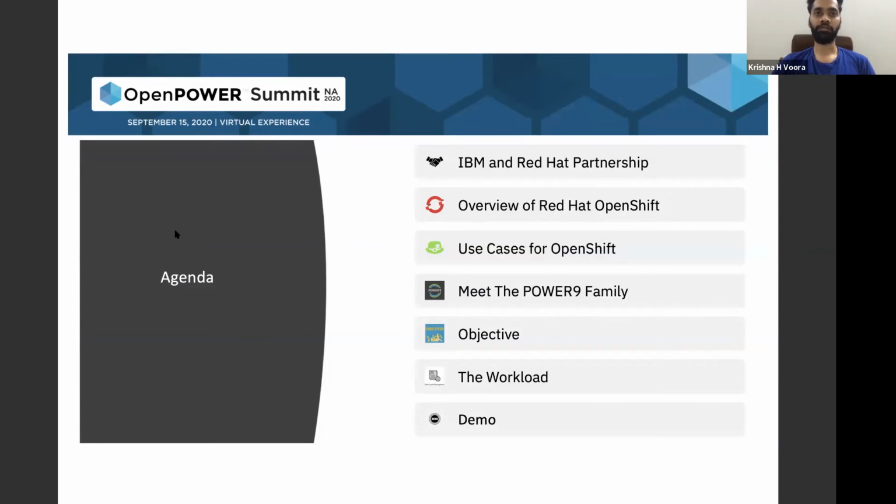I'll also give an introduction towards the Power 9 model of service that can be leveraged for different workloads. We'll spend considerable amount of time on objective of the particular proof point study and how the workload is structured. And if time permits, we'll spend some time on a demo, which is available in YouTube.